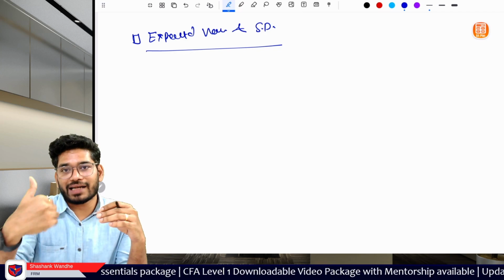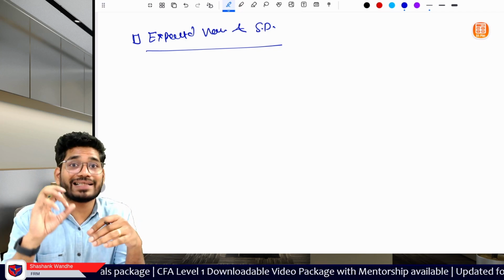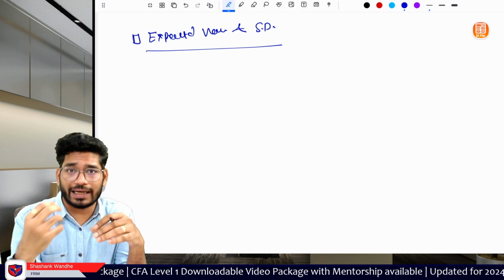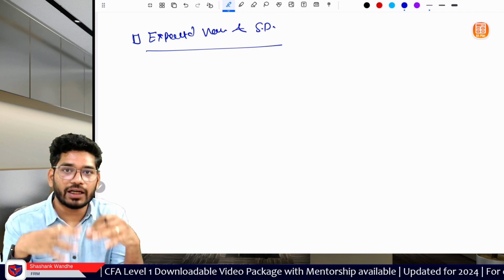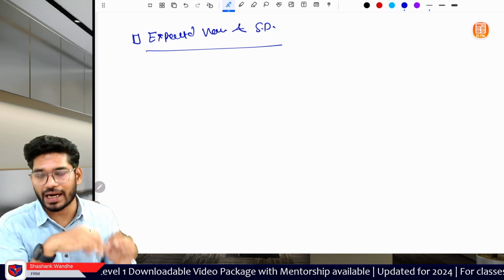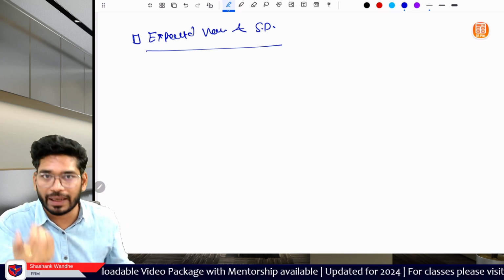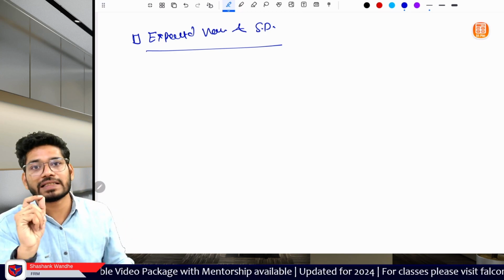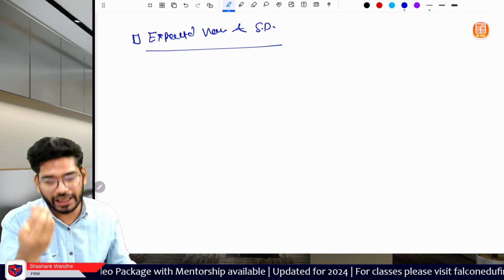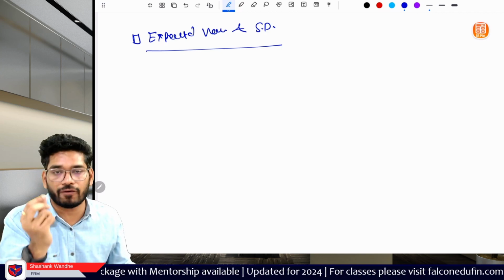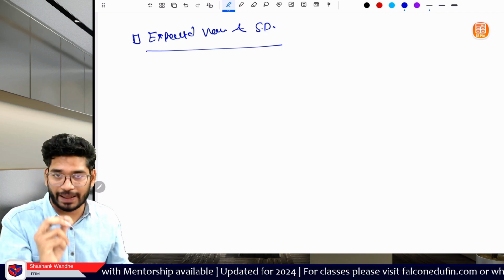The mean and standard deviation which we learned in the previous chapter are related to historical data or empirical data. Here we will calculate the mean and standard deviation only, but we won't call the mean as mean, we will call it expected value. I'm using the term mean for your understanding, the actual term is expected value.